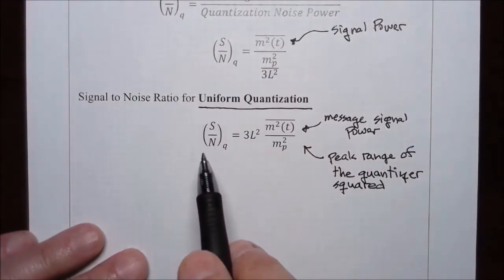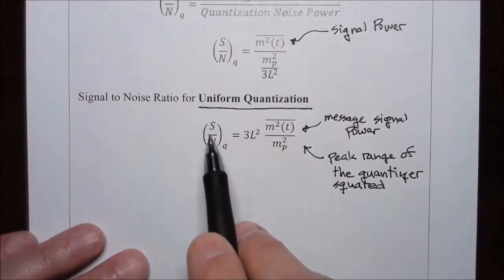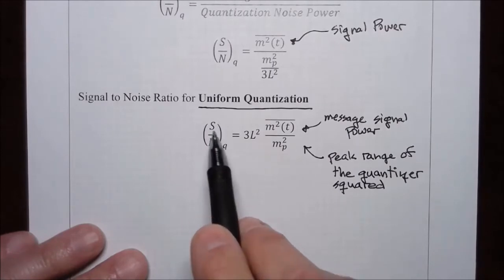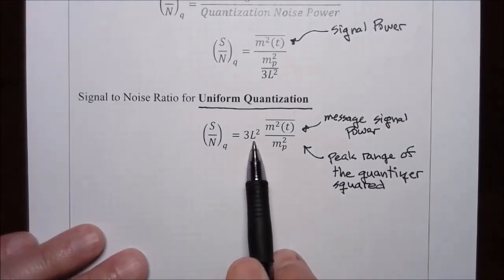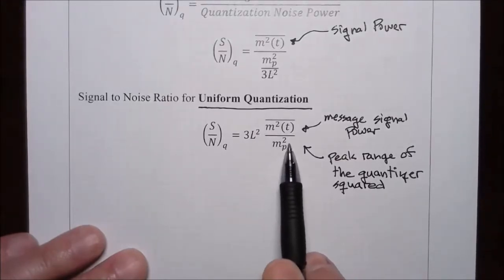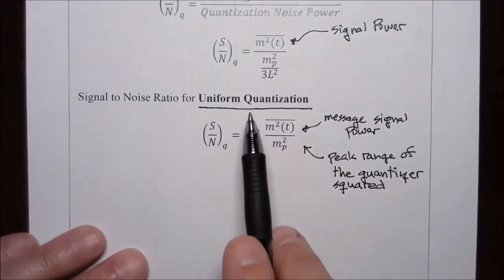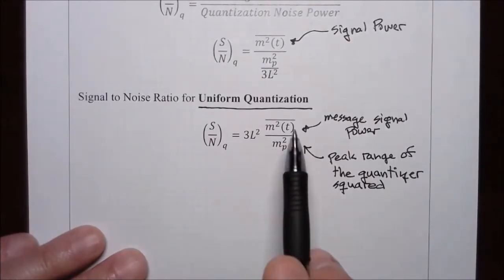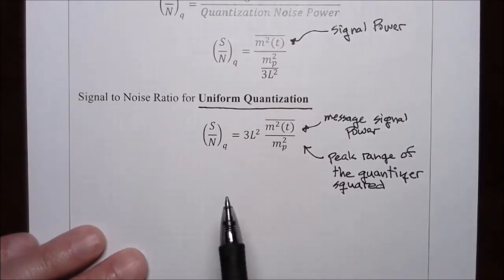If we want a good quality result, we want this signal to noise ratio to be large. In order to make it large, we can increase the number of levels, or we can minimize the peak range of the quantizer. Those are the things that we can control, presuming we're given a certain message.